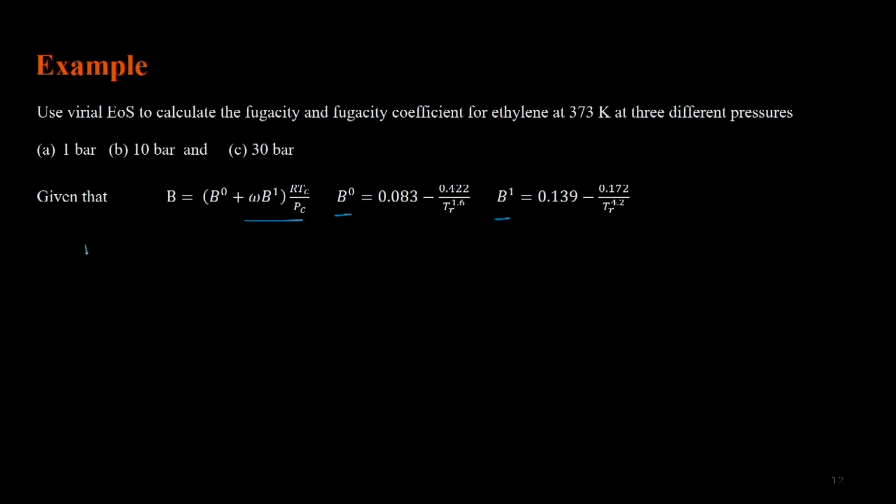Let's use a suitable reference and obtain the critical properties for ethylene. Turns out for ethylene, the critical temperature is 282.3 Kelvin, the critical pressure is 50.4 bar, and the acentric factor omega is 0.087. Once I have these three, I can calculate the reduced temperature.